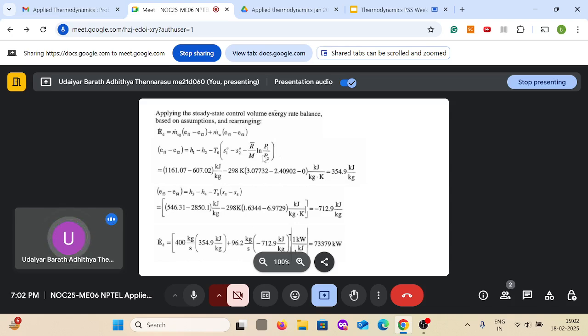Since it's a constant pressure, there is no entropy change here. This will be 0. So substituting the values, I get exergy change of 354.9 kilojoule per kg, and exergy change in the water is H3 minus H4 minus T naught times (S3 minus S4). So substituting the values, I get minus 712.9 kilojoule per kg.